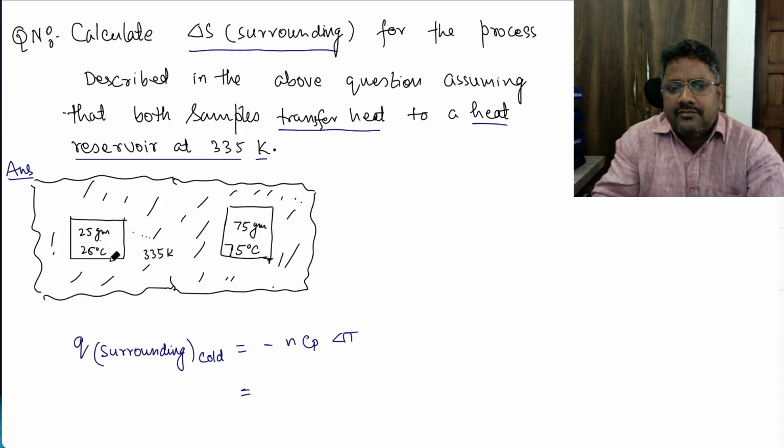So what will be the final temperature of this? Obviously the final temperature, if it is in contact with the hot reservoir, after some time the temperature will finally be adjusted at thermal equilibrium.